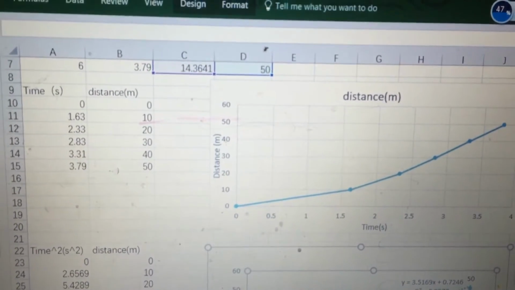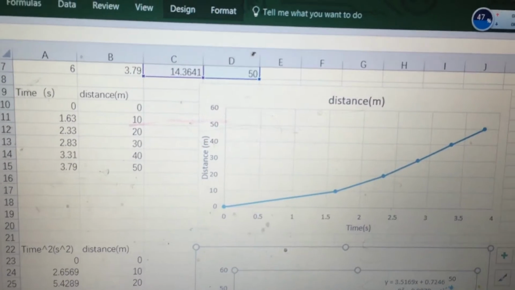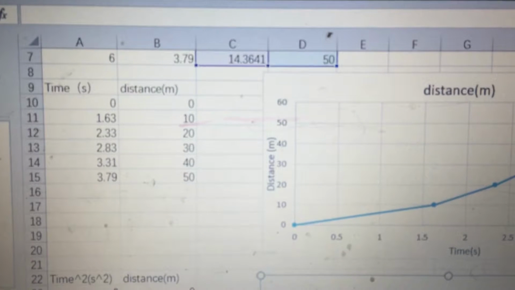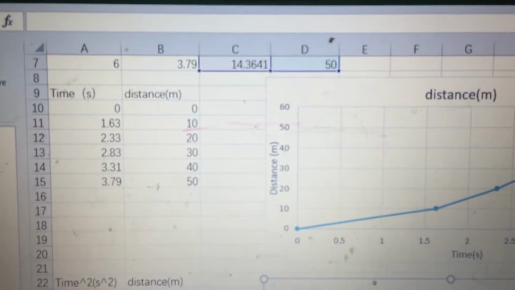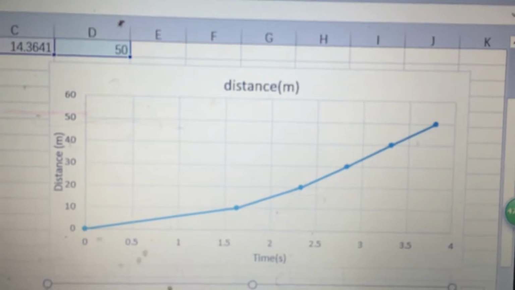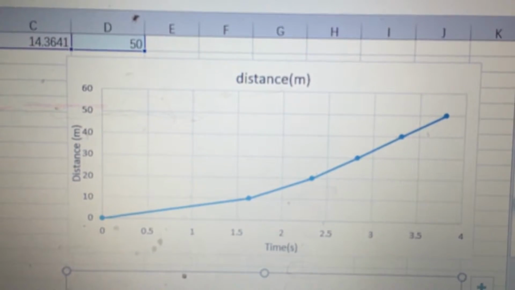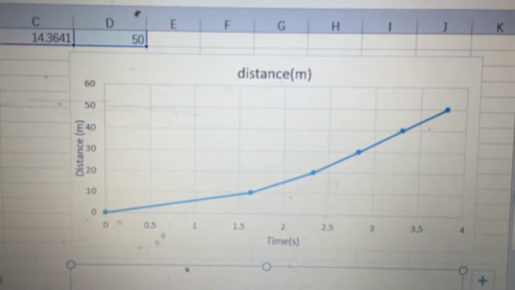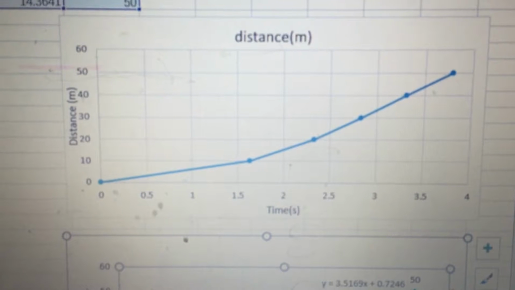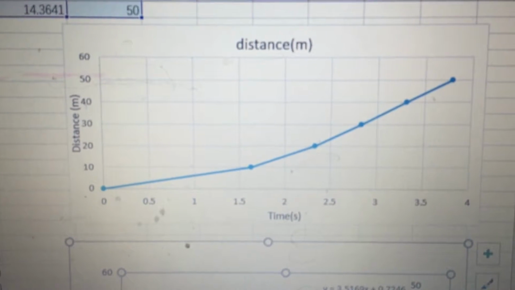For answer A, I have already inserted the time in seconds and also the data in meters, and this is the graph of the relationship between the time and distance.